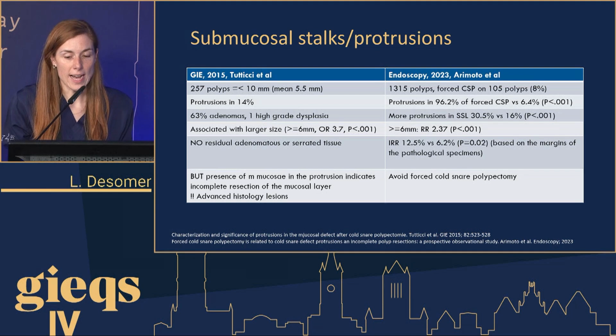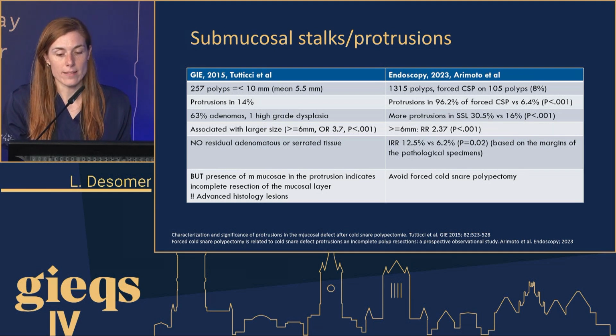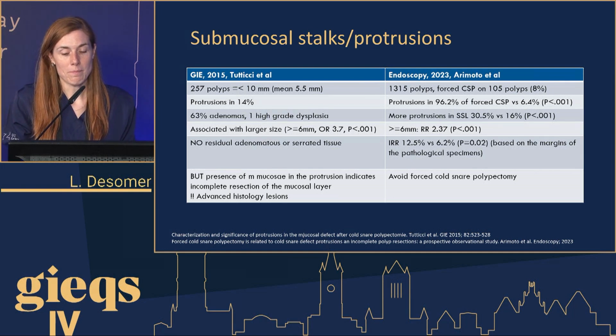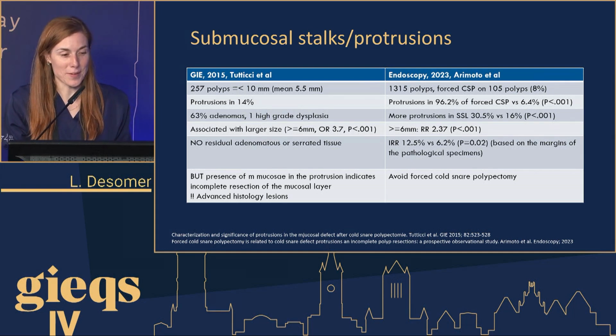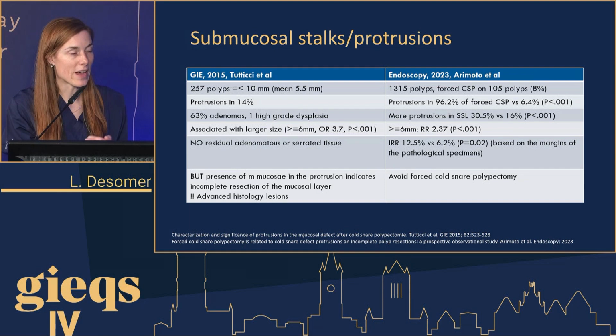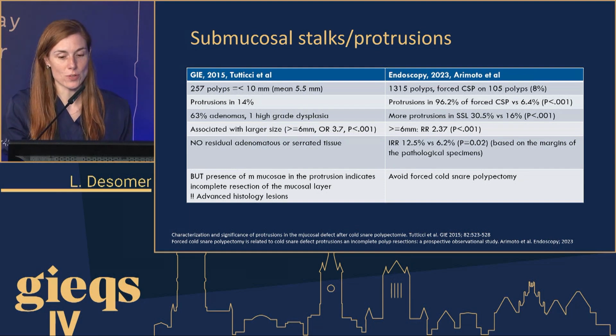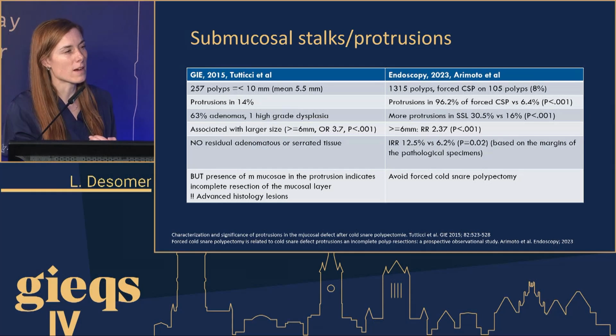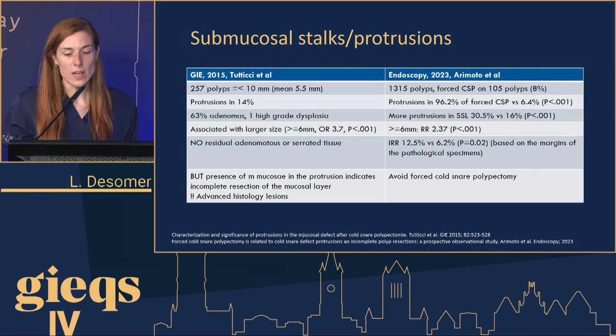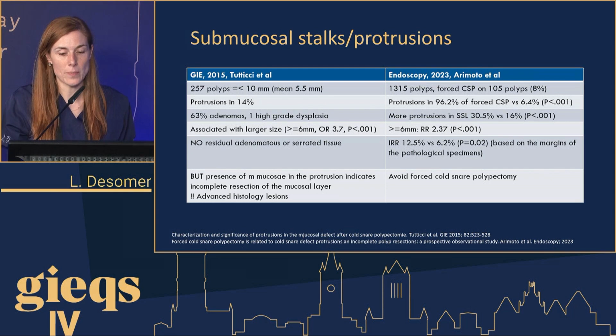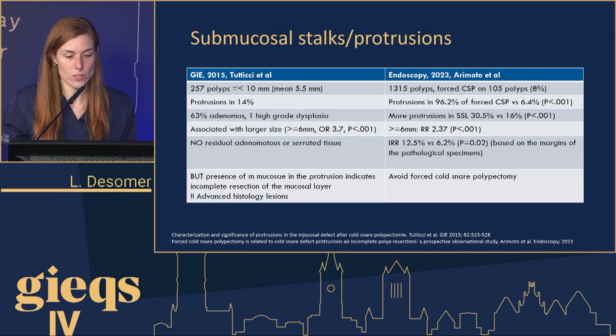I'm not sure if that has to do with cold snare itself or with the fact that with a larger lesion, you have to have the appropriate snare, you have to have your rim of normal tissue. Has it really got to do with that stalk, or has it got to do with the size rather than the stalk itself? So they say avoid forced cold snare polypectomy, but bear in mind, these were not biopsies of the protrusion.